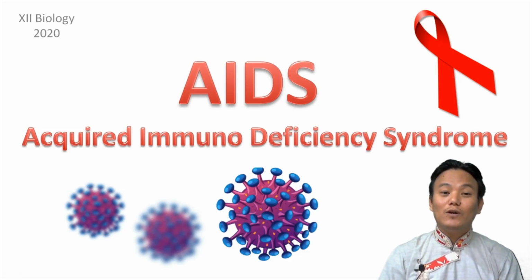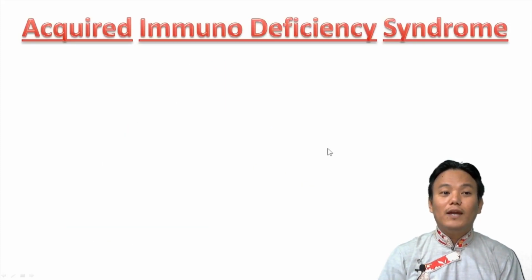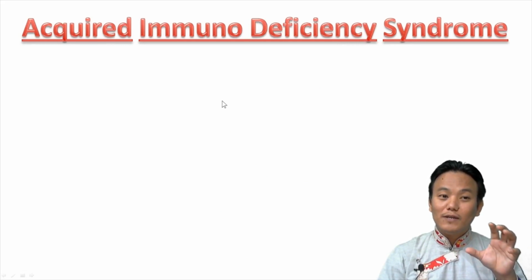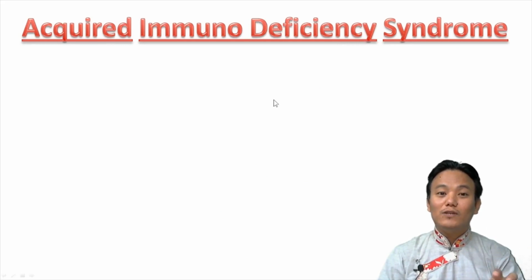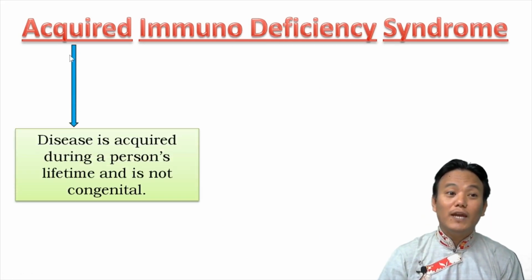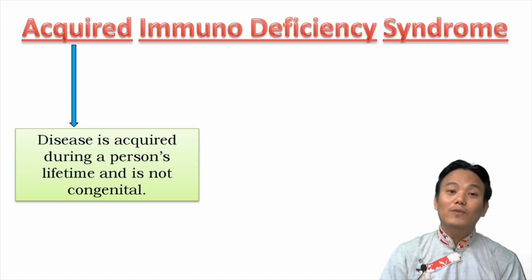Okay, so AIDS is short for acquired immunodeficiency syndrome. If you try to draw some information regarding this disease from the name itself, acquired means a disease that is acquired during a person's lifetime. It is not congenital, not something present from birth itself.